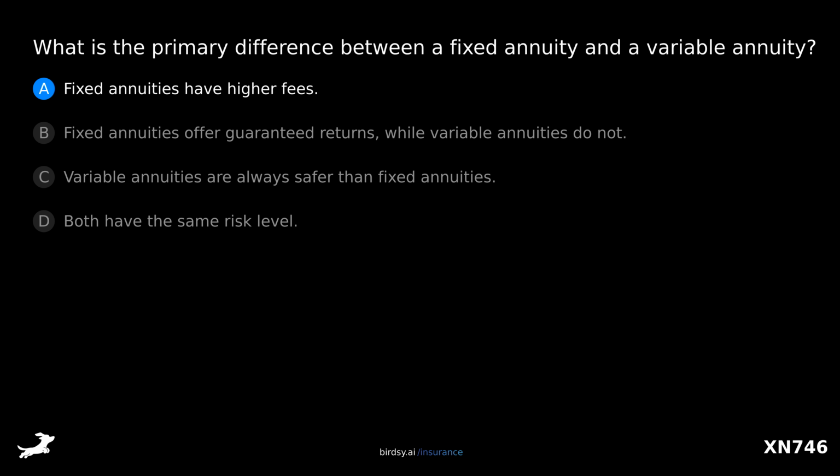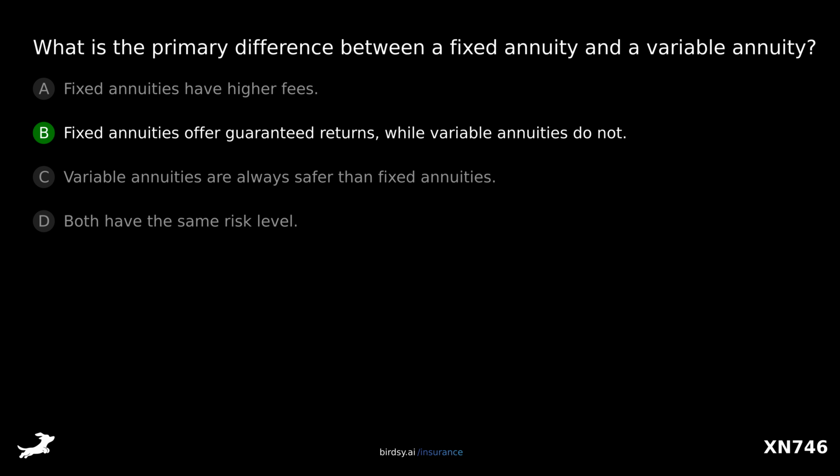Is it A, fixed annuities have higher fees, B, fixed annuities offer guaranteed returns while variable annuities do not, C, variable annuities are always safer than fixed annuities, or D, both have the same risk level?